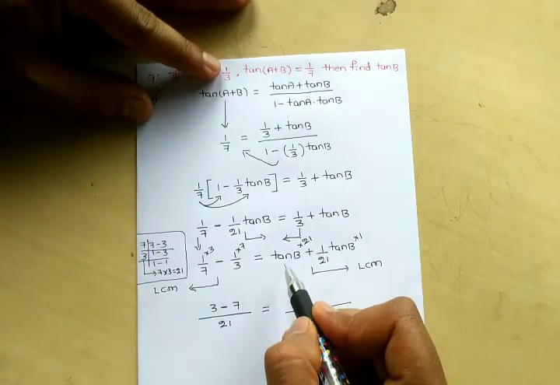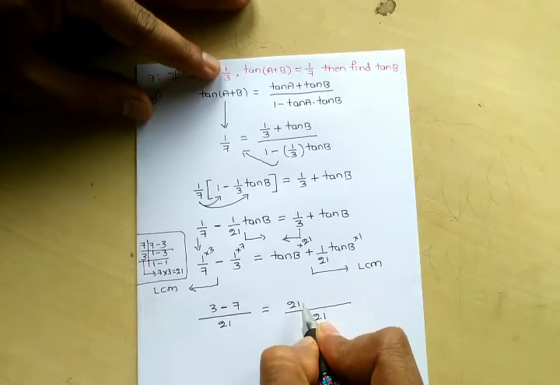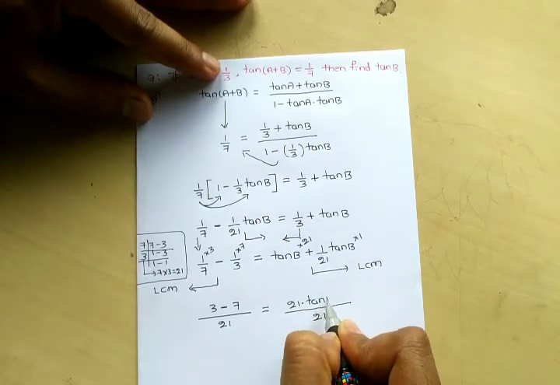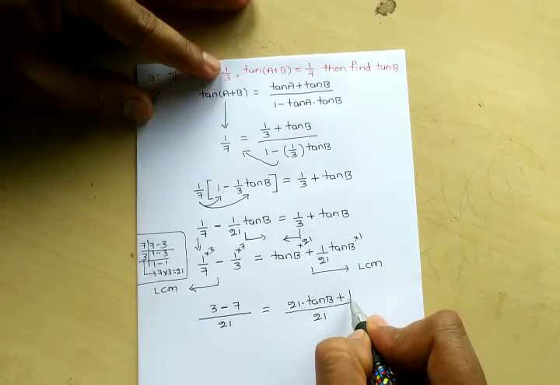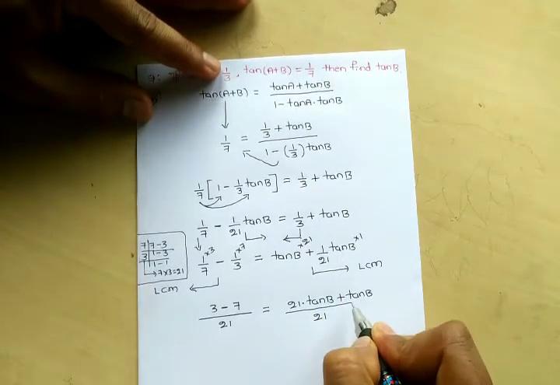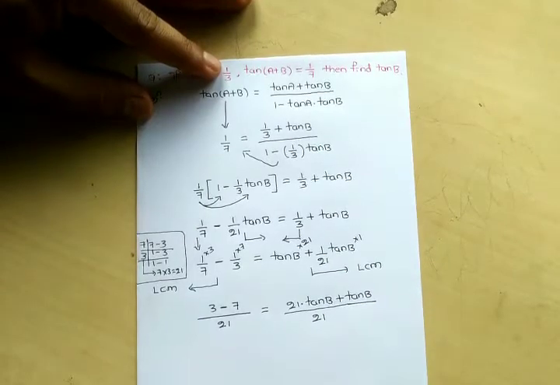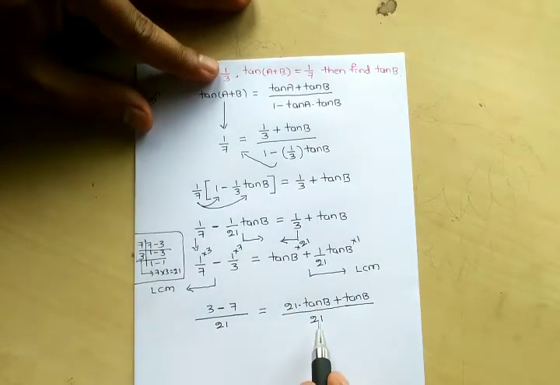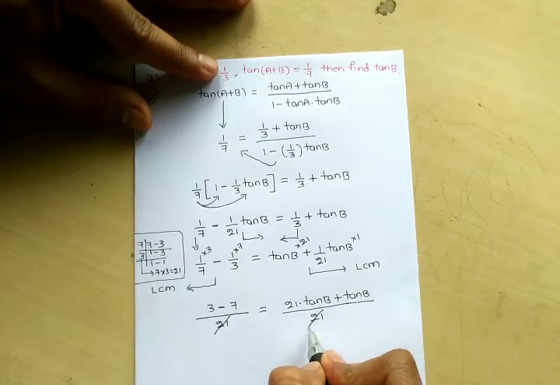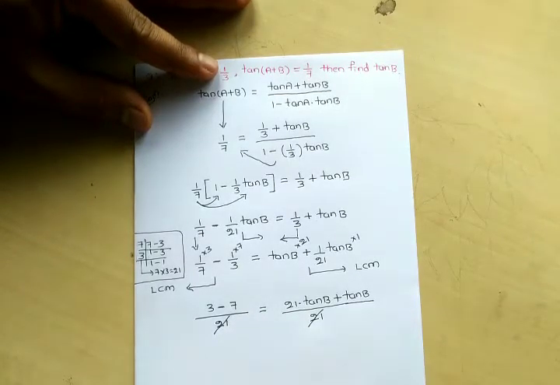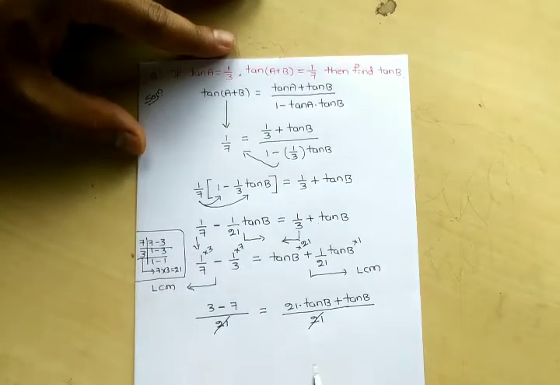So next, 21 into tan b is 21 times tan b, plus 1 into tan b is how much? Tan b. Correct. So next, here directly you can cancel 21 and 21. 3 minus of 7 is minus 4.